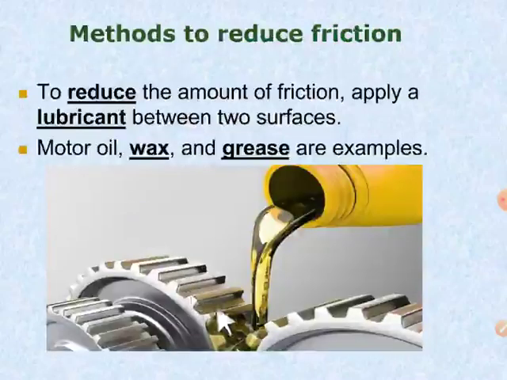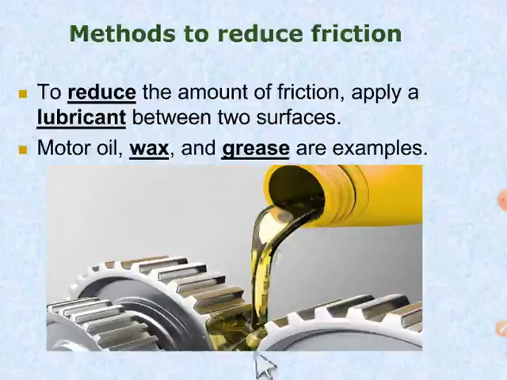Now to reduce friction, we usually put some lubricating oil, or wax or grease, for example, like this in the gear system. When the gear systems are moving one upon another, having that friction, if the friction is more, then there will be wear and tear of these gear systems.